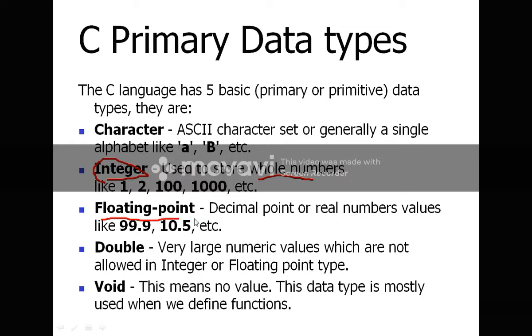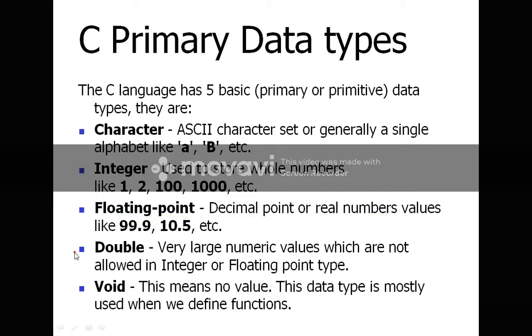Next is floating point data type. In a floating point data type we are storing decimal point numbers or real numbers. The example is 99.9. This is a decimal point number or floating number. Again the next example is 10.5. This is a floating point number.